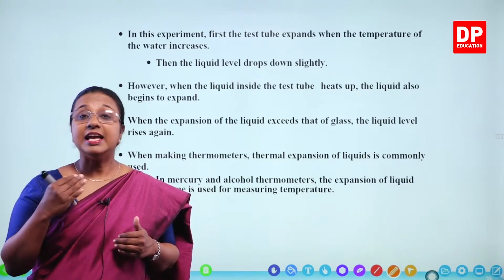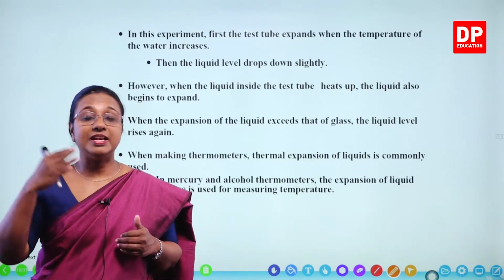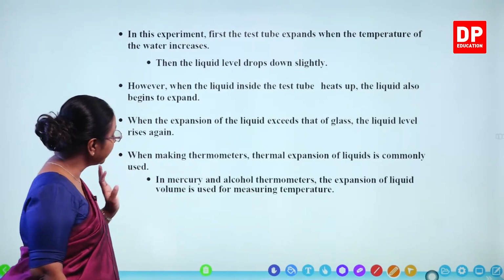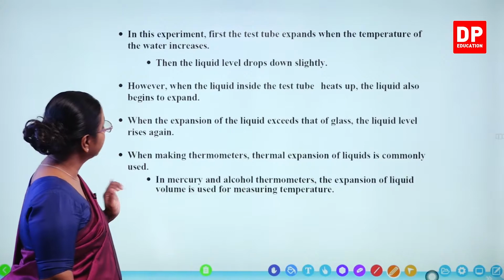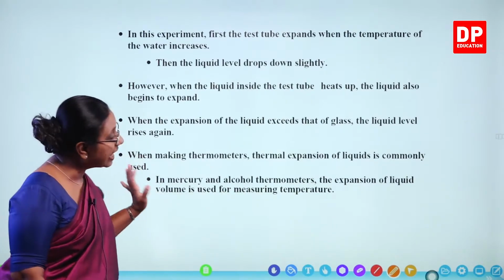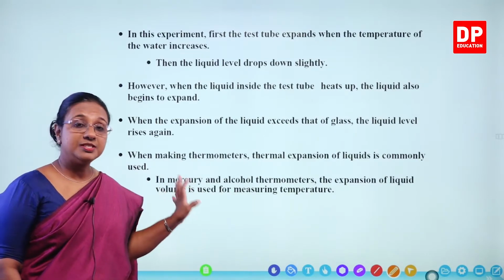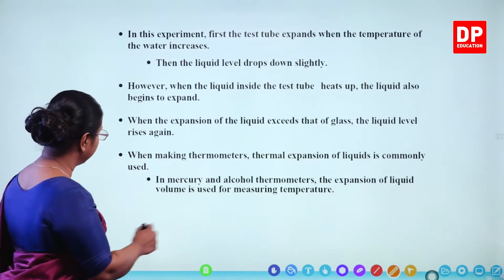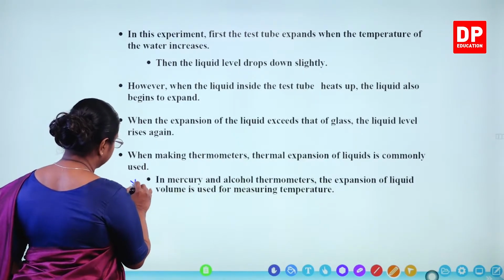That is why it's easy to use these liquids to indicate the change in temperature. So, that is one important application of thermal expansion of liquids. Is that clear to you? So, this is an instance where we use the thermal expansion of liquids in thermometers.